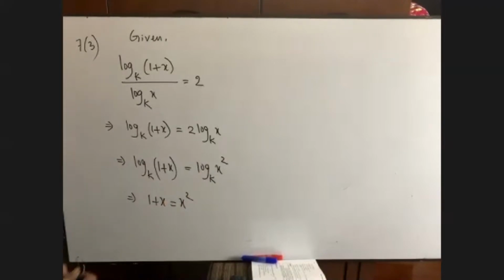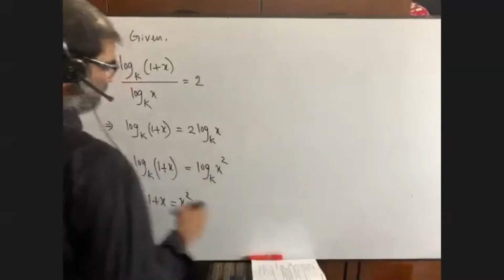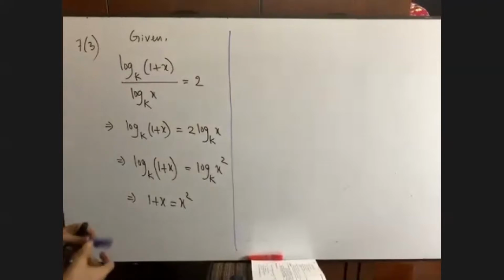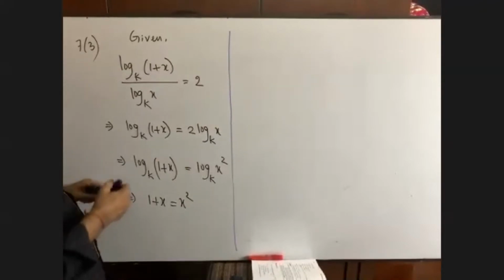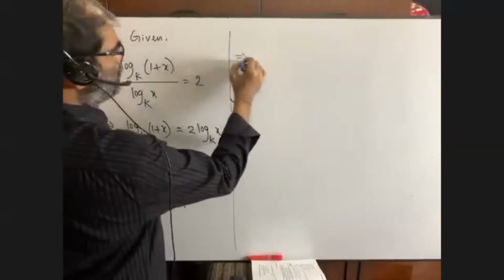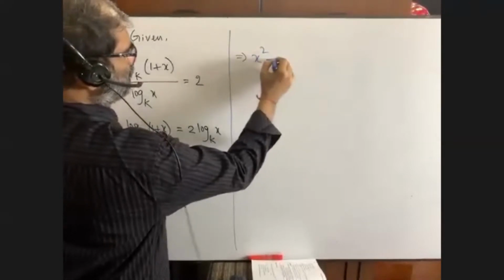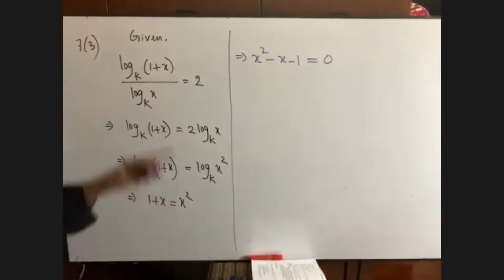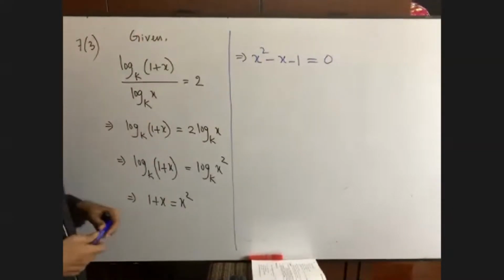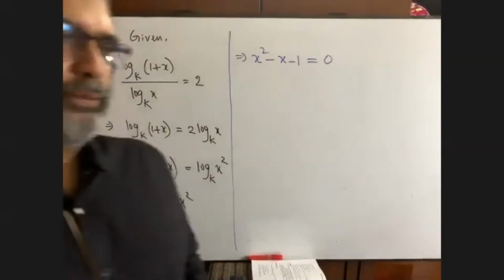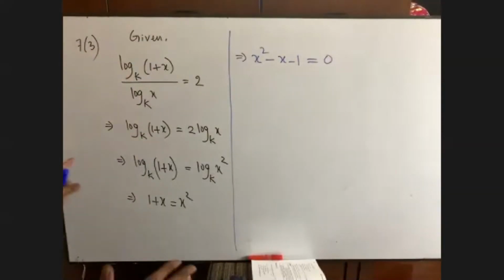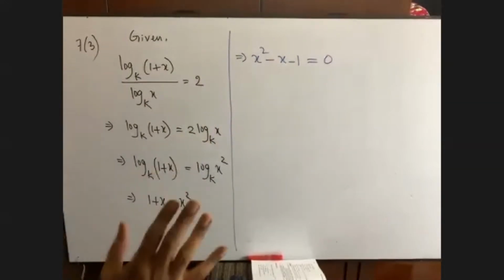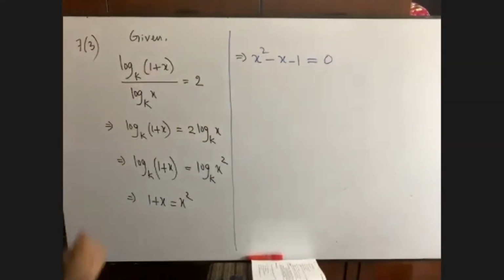Are you getting me? Yes, sir. Okay. Now from here we can write x square minus x minus 1 is equal to 0. This is a quadratic equation. This math is always given in the exam, and in question A, it is told to form a quadratic equation. You will get 2 marks if you can do up to this.